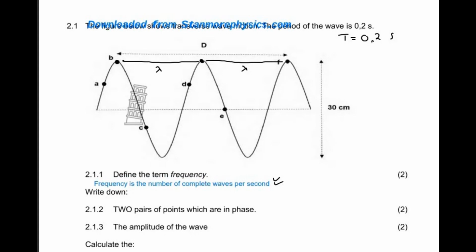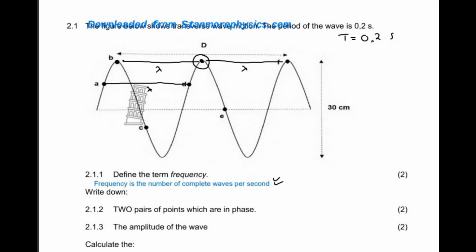But if you also look, this distance from B to, let's say here, because I see that point is not labeled, let me just circle it so that you see. It's actually equal to this distance from A to D. It means that distance is also a wavelength.